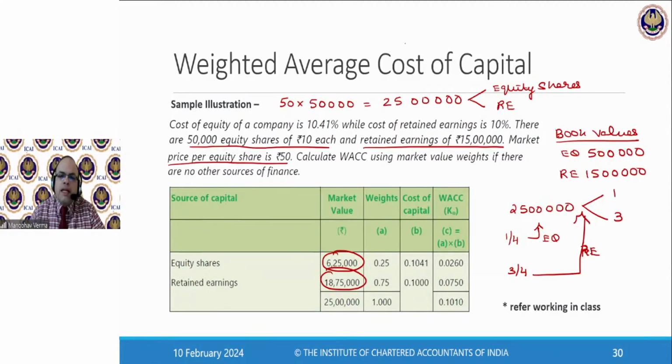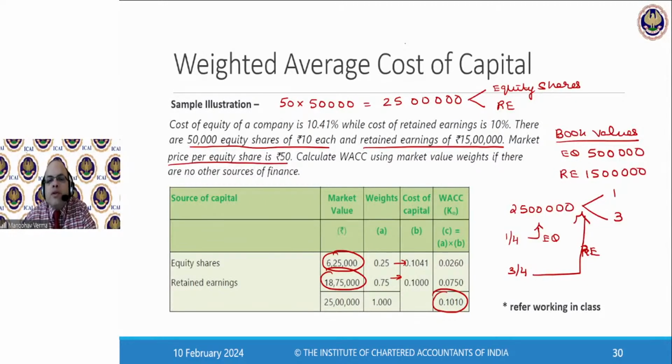And we use that for the cost of capital. We multiply these weights with the individual cost of capital to calculate this. Someone may argue, do we actually need to bifurcate? Even if you haven't bifurcated the market value, our weighted average cost of capital would have been the same. That's okay.